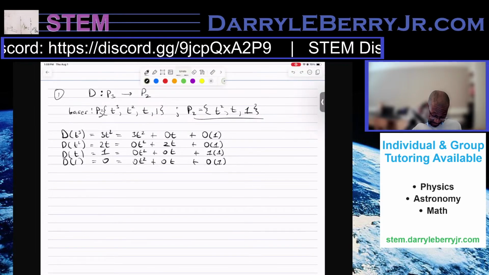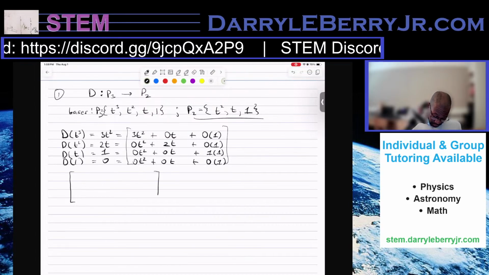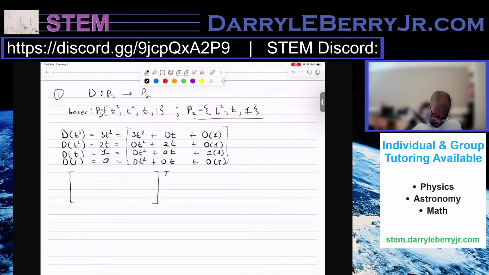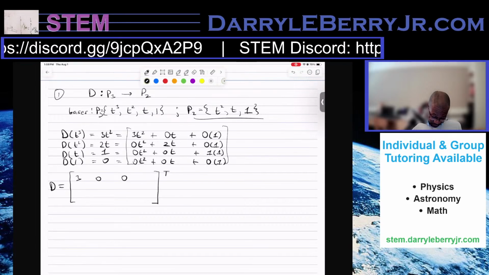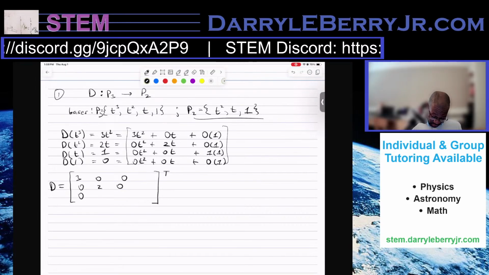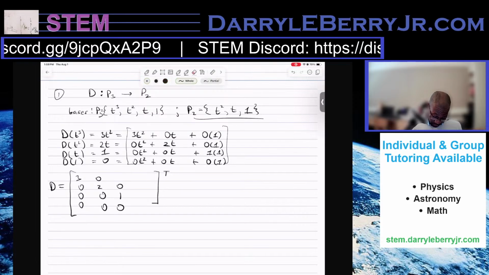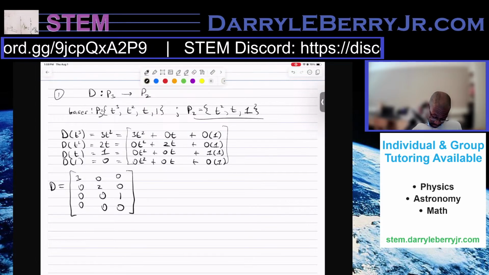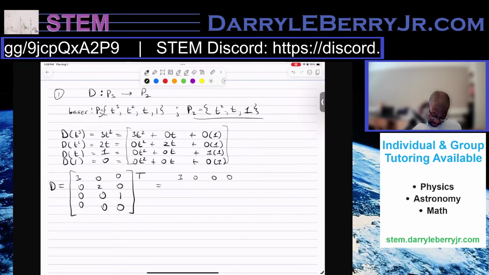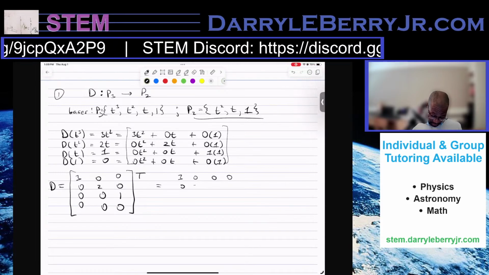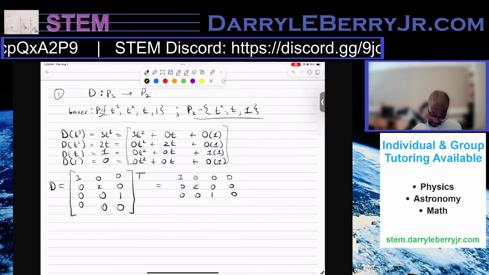So if I was to write it exactly how it is, it would be the transpose of D equals that transpose, which is 3, 0, 0, 0, 2, 0, 0, 0, 1, and 0, 0, 0, equals that transpose, so D equals 3, 0, 0, 0, 0, 2, 0, 0, and 0, 0, 1, 0.